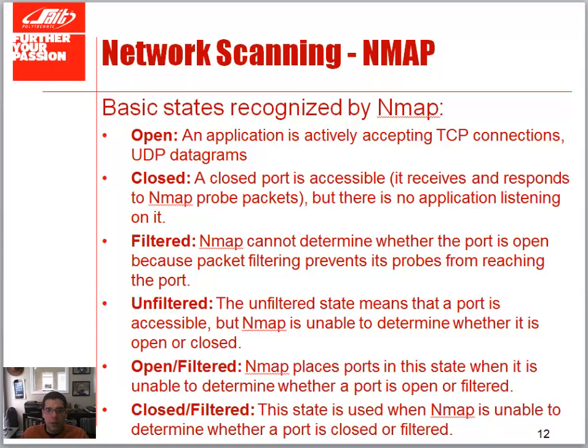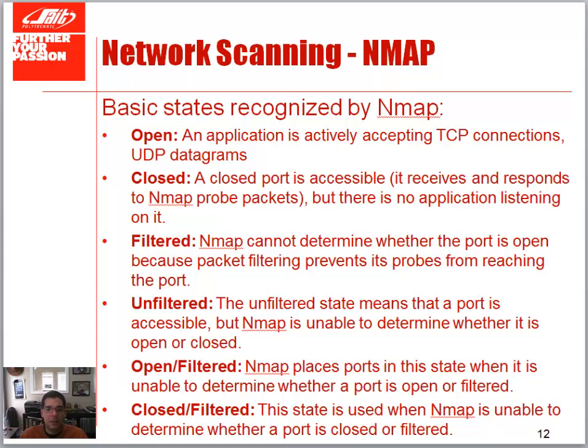Based on the states of the ports, they can be open, closed, filtered, unfiltered, open|filtered, or closed|filtered. So Nmap is able to provide that kind of information based on the TCP communication.